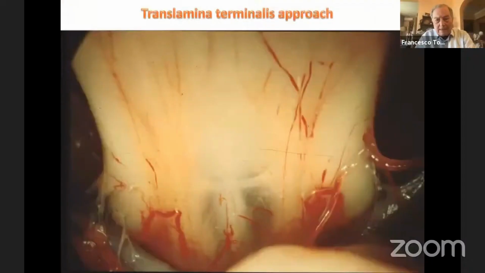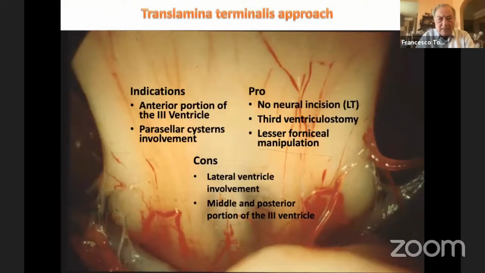But this is, I believe, the last case, a translamina terminalis approach, which has the great advantage that it does not involve any neural incision.